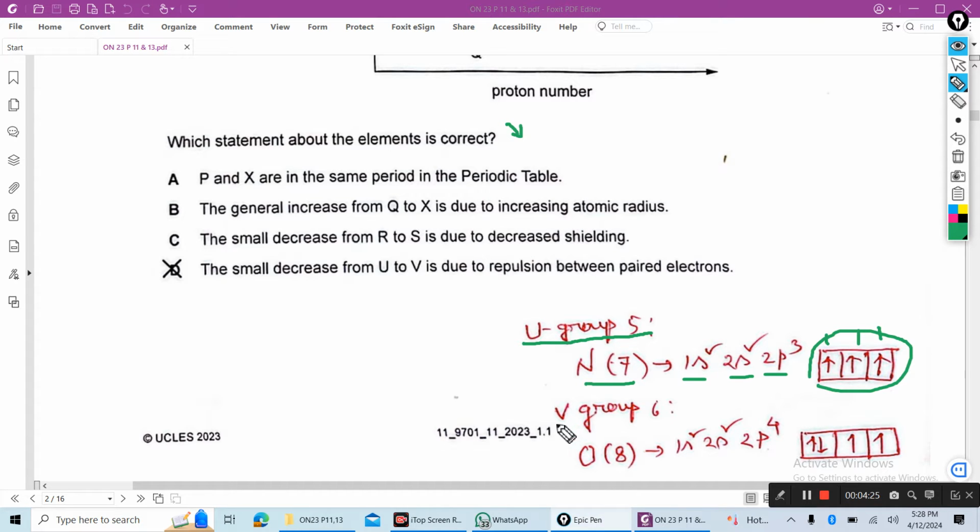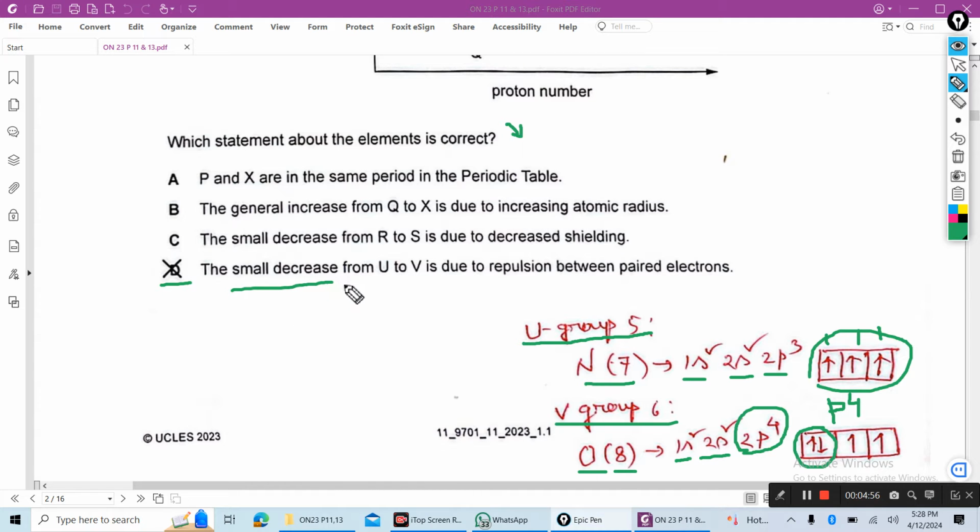But oxygen, group 6, O8, 1s2 2s2 2p4, so p4, the p orbital has 3, so in one orbital electron pairing occurs. If electron spin pairing occurs, there is repulsion. As there are repulsions, less energy is needed to remove an electron. That's why this is the answer D.